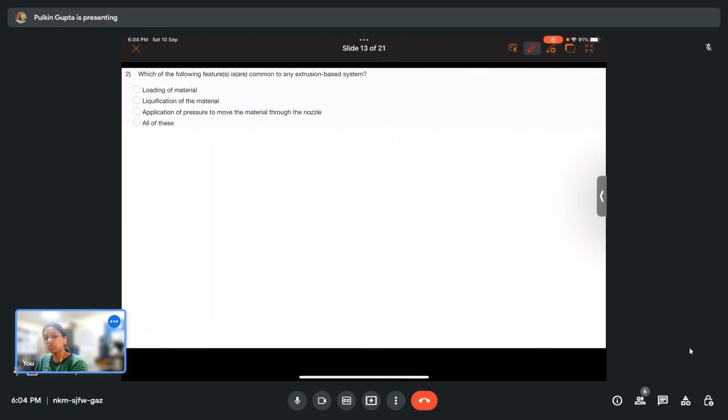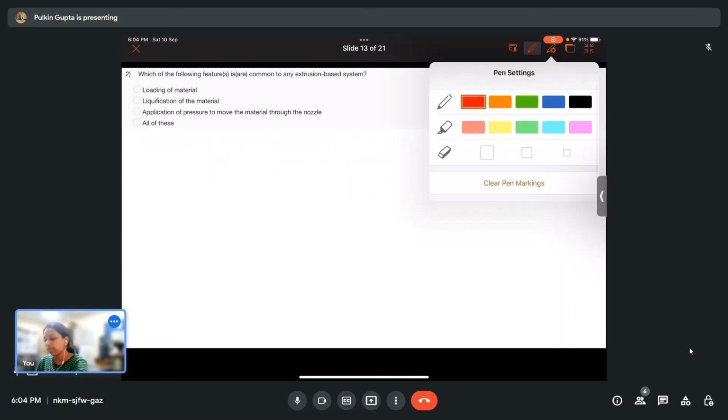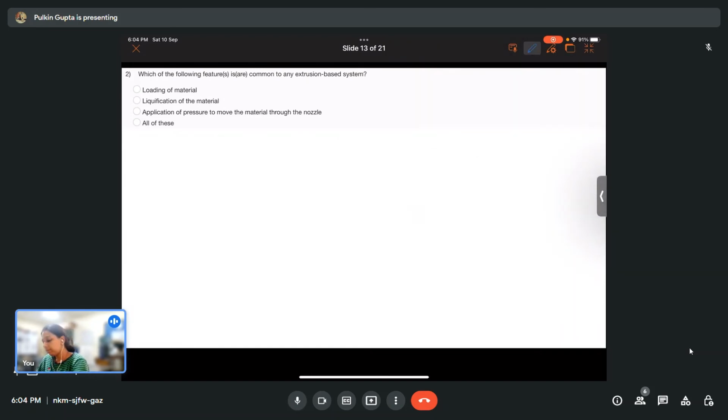For the next question, question 2: which of the following features are common to any extrusion based system? Loading of the material, liquefaction of the material, application of pressure to move the material through the nozzle, or all of these. We saw a complete list of 7 features. So I'll quickly make a schematic of what was done.